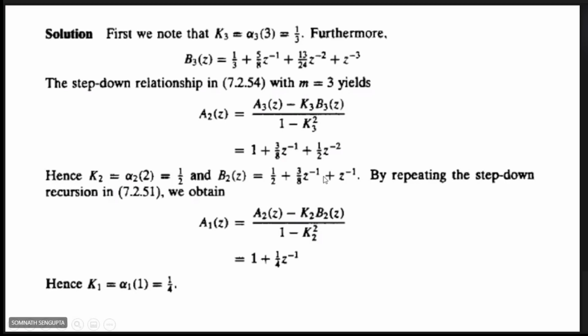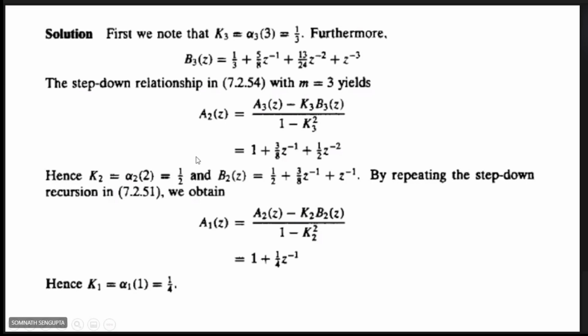So from there we get 1 plus 3 by 8 z inverse plus half z to the power minus 2. This is the polynomial A2z. In that we get K2, the highest order coefficient, which is alpha 2 2, equal to half.